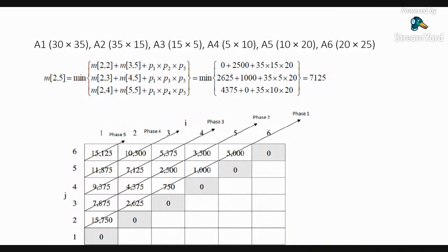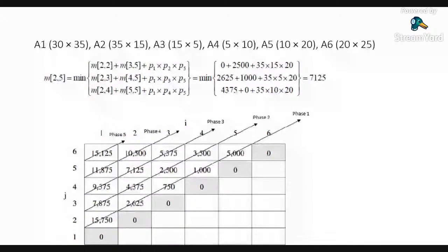This is just an example. If I am computing m[2][5], so i is equal to 2, j is equal to 5. Okay. What is the range for k? The range for k will be 2 to 4. Here you can notice that this one will be m[2][2].